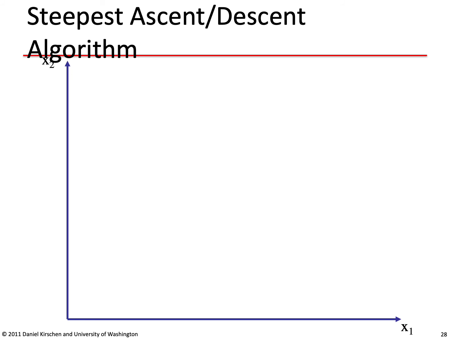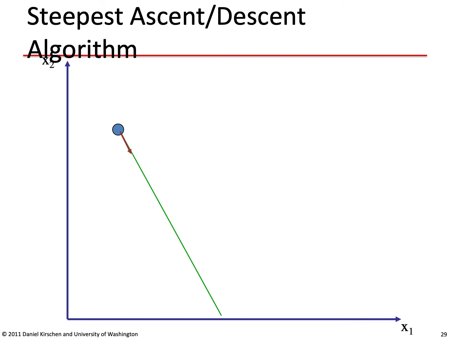Let's illustrate how a multidimensional search might work using a two-dimensional algorithm. This algorithm would be called the steepest ascent or descent algorithm, depending on whether we are looking for a maximum or a minimum. We would start with a starting point for the search, and we would calculate at that point the gradient of the objective function. This gradient tells us the direction of the steepest ascent or descent of the objective function.